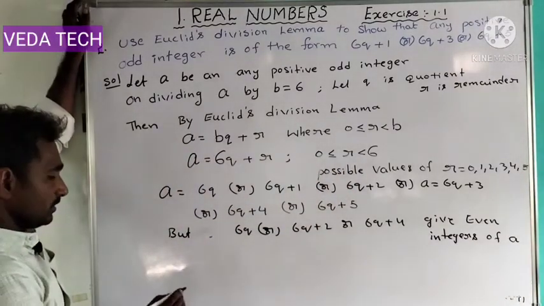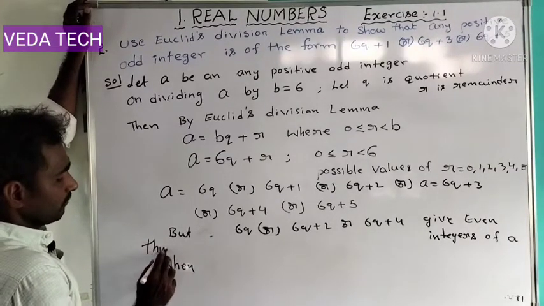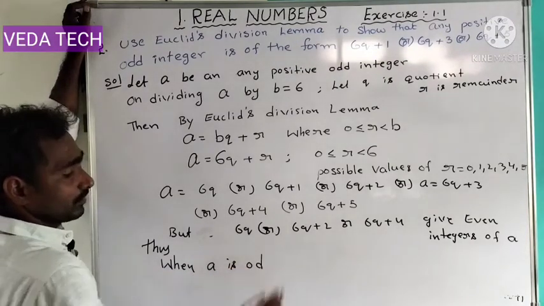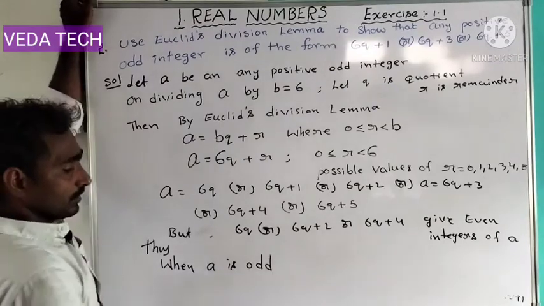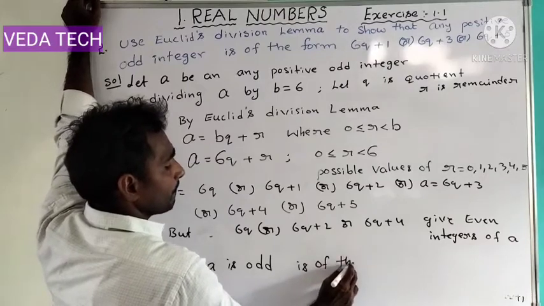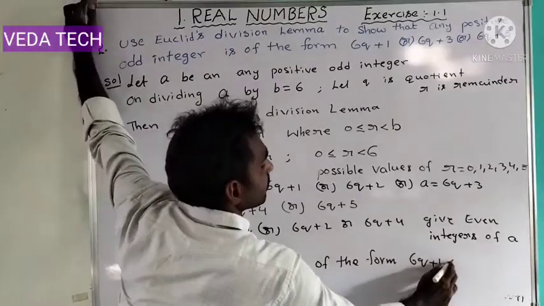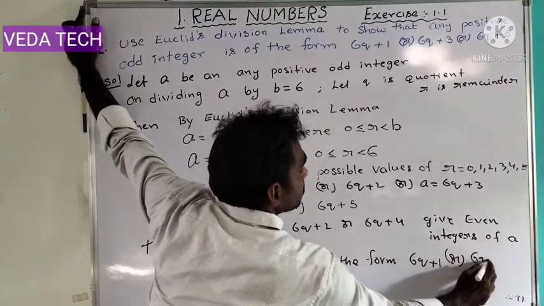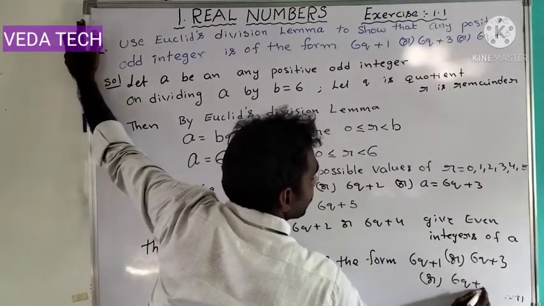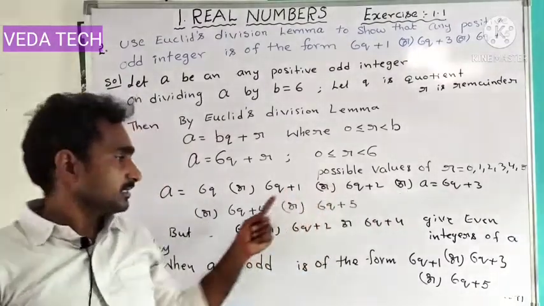Thus when a is odd, it is of the form 6q plus 1 or 6q plus 3 or 6q plus 5. a is equal to 6q, 6q plus 1, 6q plus 2, 6q plus 3, and so on up to 6q plus 5.